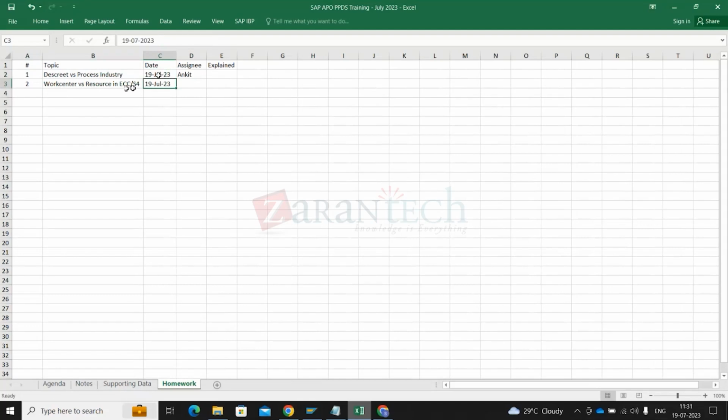So what is the difference? I mean, the difference is pretty simple. The way I told, one is used for discrete industry, work center, so it would be used in the routing, and resource is used in process industry, so it would be used in recipe. But if there is any difference at all, you wouldn't need more than 15 minutes to find out the answers or to clarify your concept. So anybody?